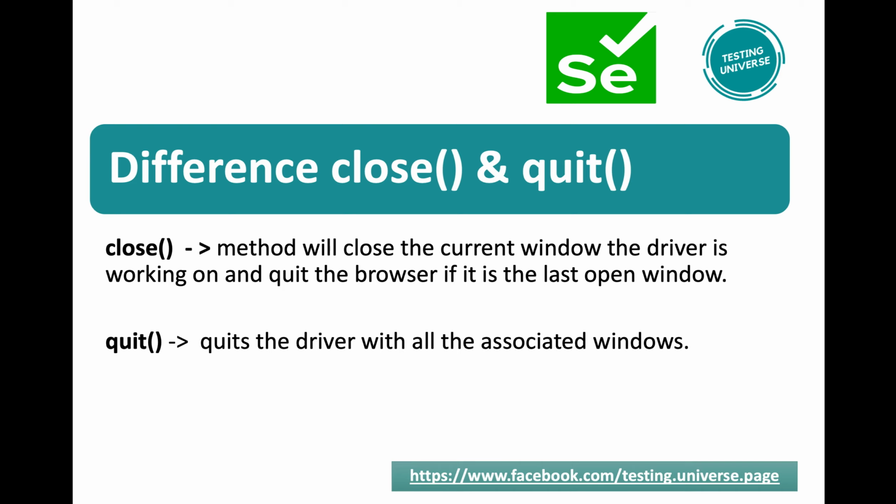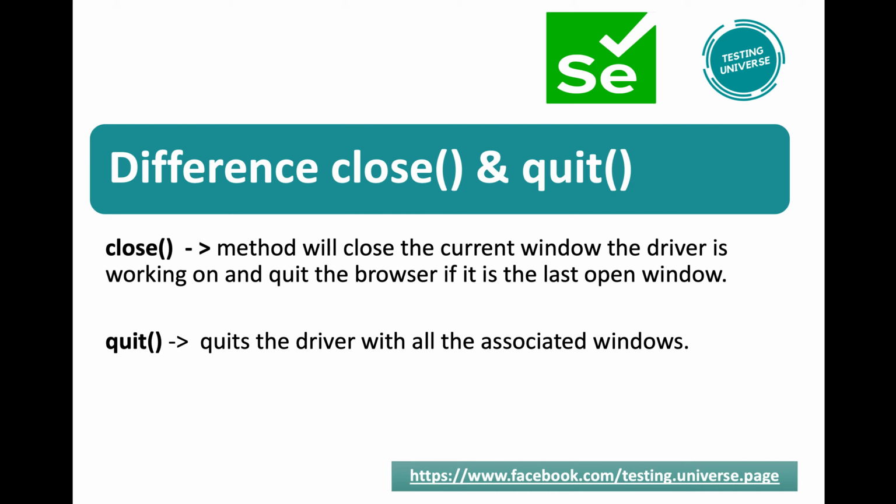What quit will do is it quits the driver with all the associated windows. No matter which window the driver is pointing to, whatever driver you have initialized, you will be quitting the driver and it will quit all the associated windows. Where exactly we can use these two is also one of the follow-up questions you will get.